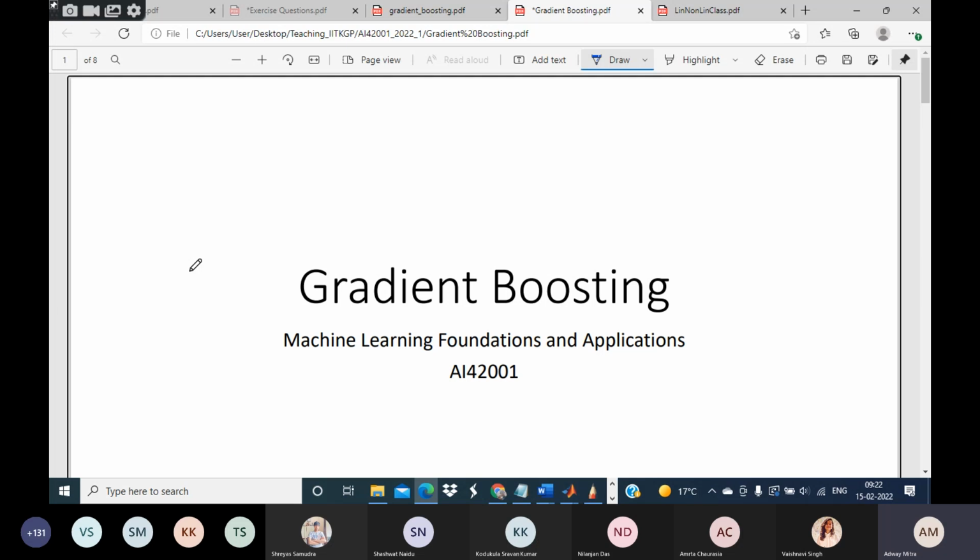This is the syllabus of your first test, which will happen next week, that is 22nd, next Tuesday, during these class hours itself. We will start at 8 and it will go on till about 9:30 or so. The test will be held in Moodle.